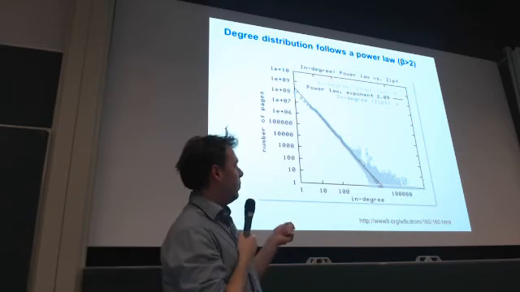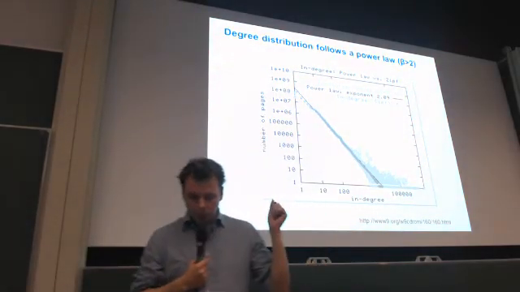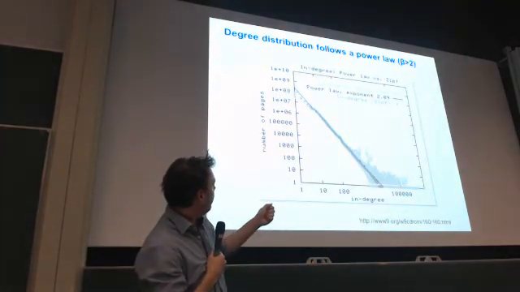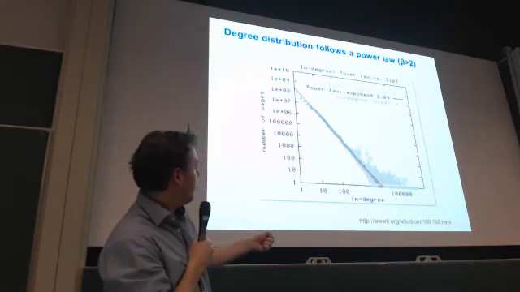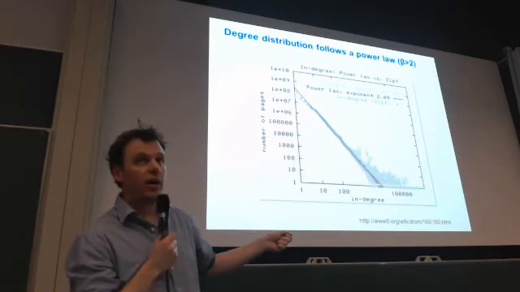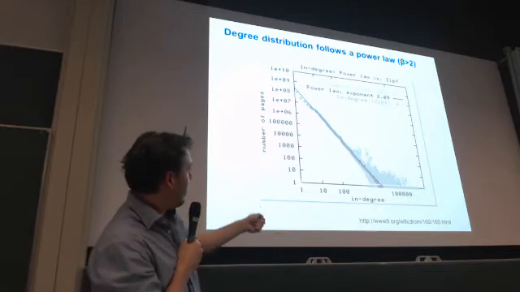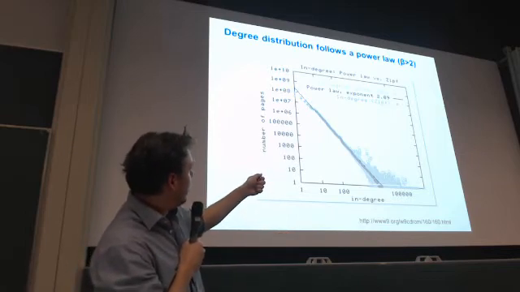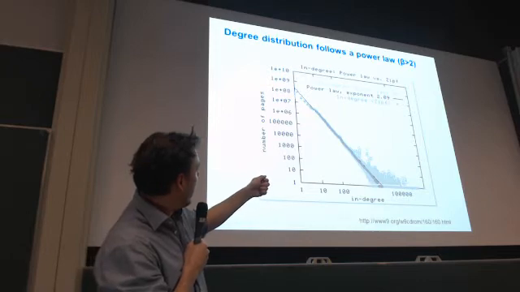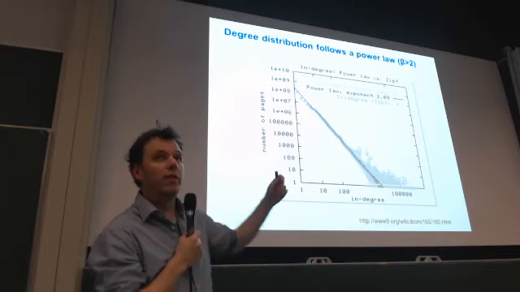Right, another way of showing it is this. So this is an actual picture of a distribution of in-links and a number of pages. So this is, in the green, the number of links that are incoming to pages. And then this is the number of pages that have this amount, right? So you can see that there's a very high number of pages with very few links, right?